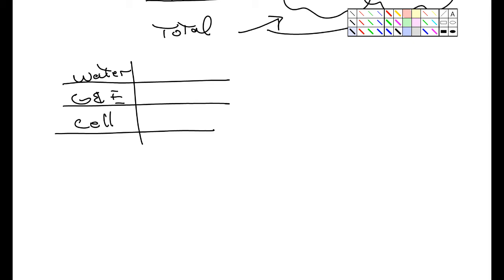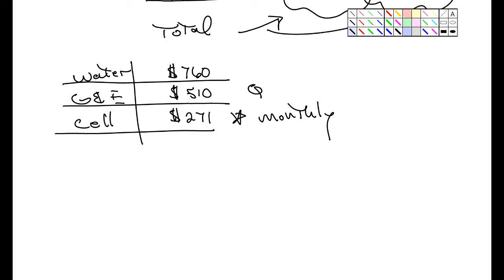So the water bill, you can see, is what? $760. The gas and electric bill is what? $510. And the cell phone is what? $271 respectively. But there's an important difference. The cell phone here is a monthly bill. The other 2 bills are quarterly bills.